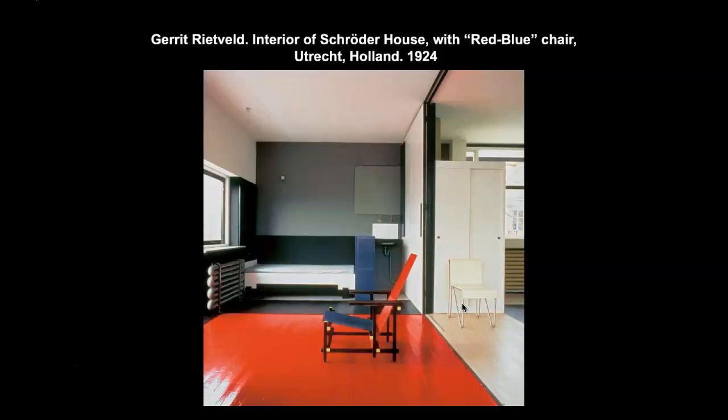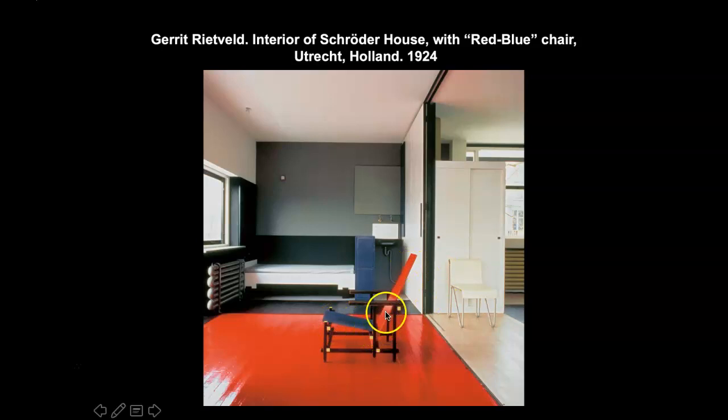Gerrit Rietveld, interior of the Schroeder house with a Red-Blue Chair. Gerrit Rietveld, he was a furniture maker, became a self-taught architect. He is basically modeling Piet Mondrian's style, but in the interior of the house and with the furniture. So you can see that we have blocks of primary colors, we have blocks of white, and we have strips of black, and just the chair in itself looks like a Mondrian painting, but in 3 dimensions.